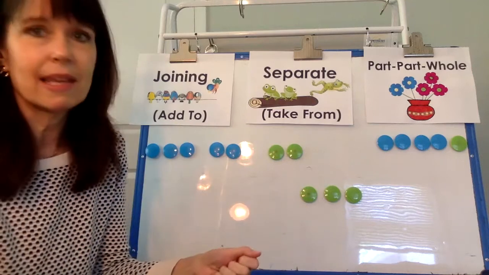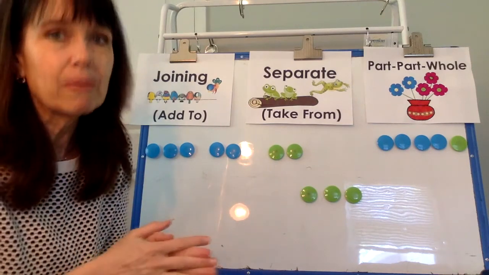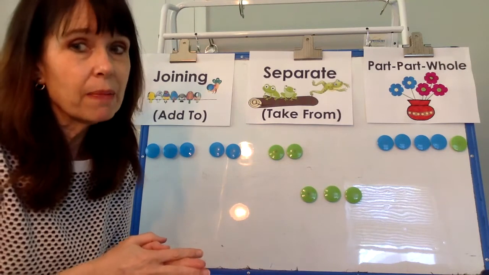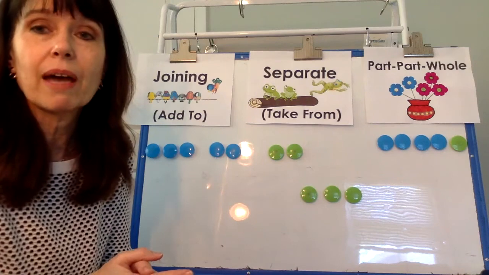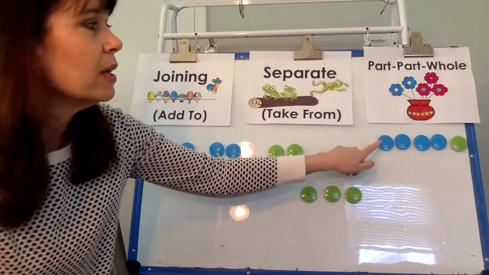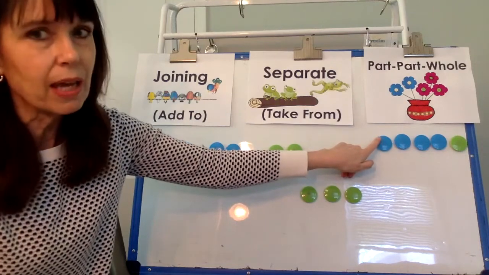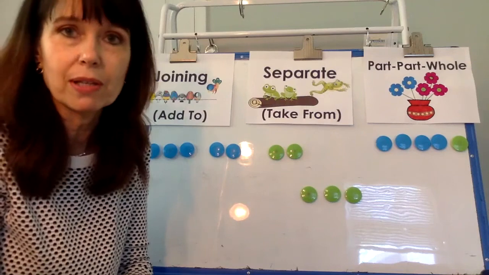I didn't take any marbles out of my collection. I started out by saying, I have a marble collection. 4 of my marbles are blue, 1 of them is green. How many marbles do I have altogether? There was no change, no take from, no add to. So we just need to count how many marbles I have altogether. 1, 2, 3, 4, 5. There are 5 marbles altogether.